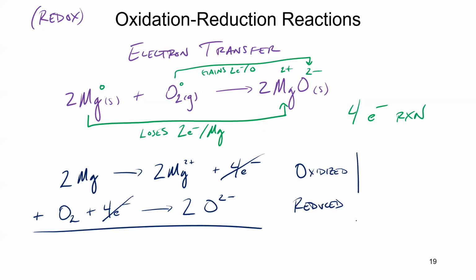Another way to think about this is that oxidation is the loss of electrons, and we can think about reduction as being the gain of electrons.